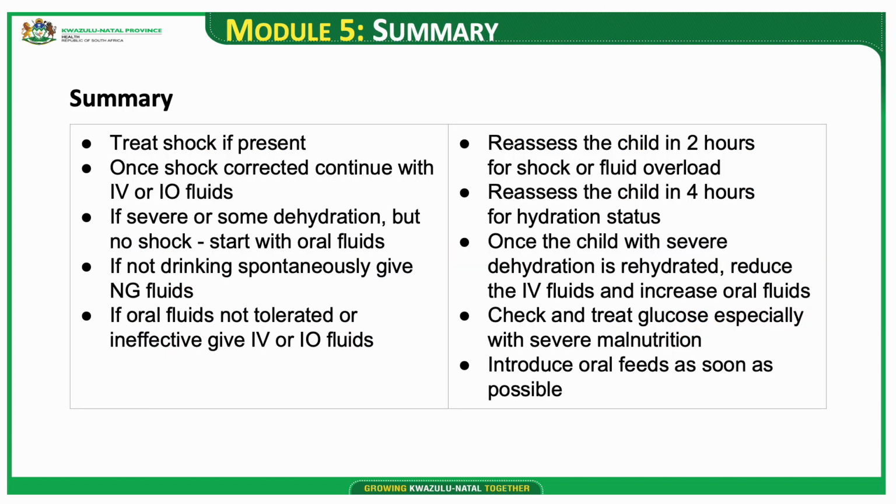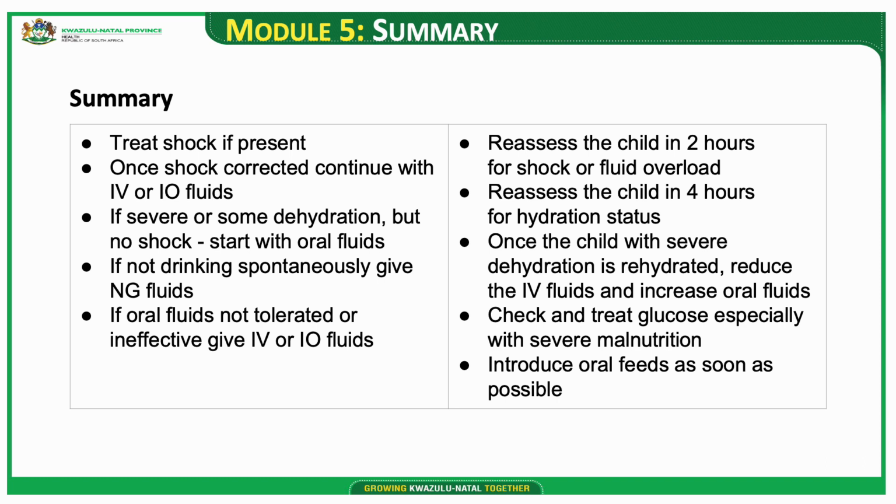So in summary, we would do the following. Treat shock if it is present. Once the shock was corrected, we would continue with intravenous or intraosseous fluids. If there had been severe or some dehydration but no shock, we would want to start with oral fluids. If the child is not drinking spontaneously, then we could place a nasogastric tube and give nasogastric fluids.